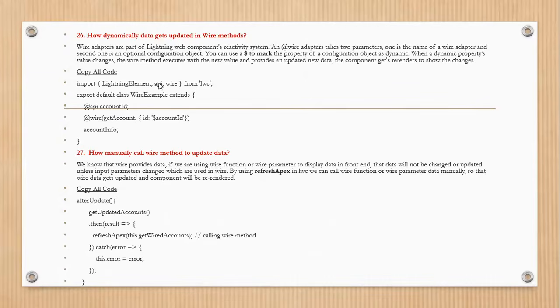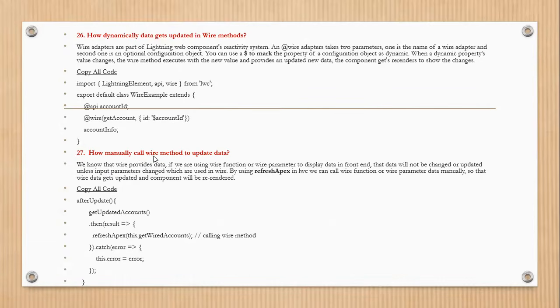When the dynamic property values change, the wire method executes with the new value and provides the new data, and the component gets rerendered to show the change. Code: import { LightningElement, wire } from 'lwc'; export default class Example extends LightningElement { @api accountId; ... accountId and account information.